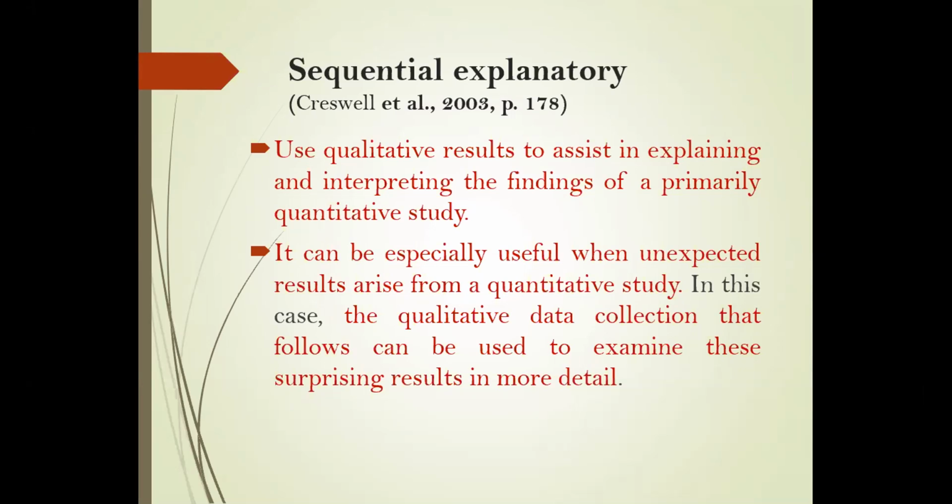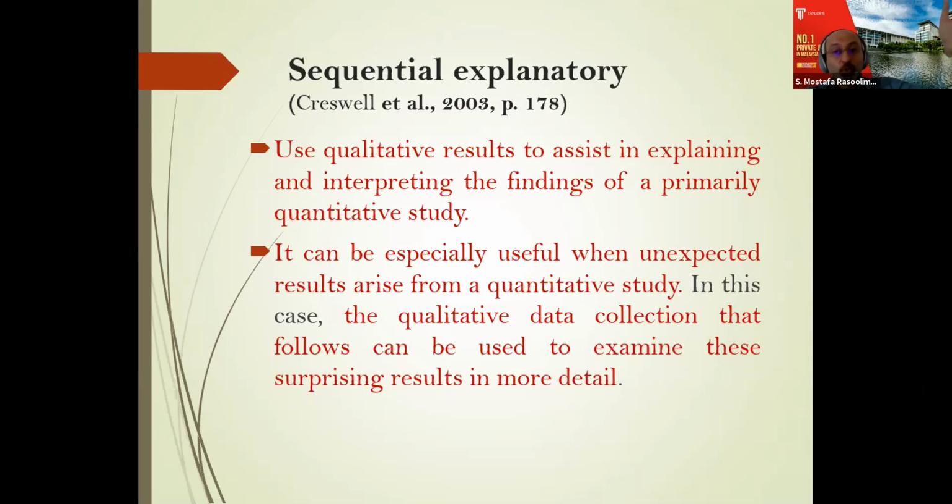So we need to justify why we conducted the quantitative phase and why we decided to conduct qualitative after quantitative, right? So in methodology, we have to justify this. But the report of results can be in the discussion part, and we can explain the reason based on qualitative data and qualitative result.